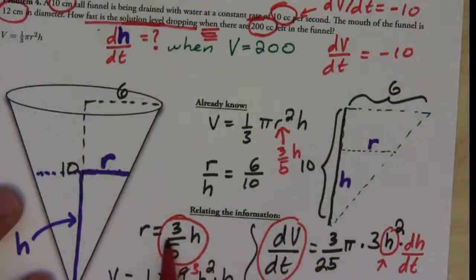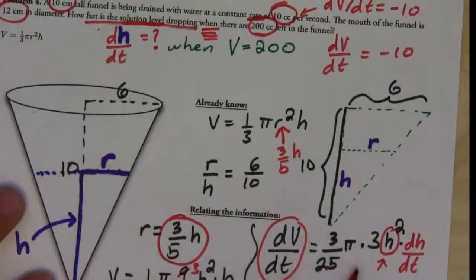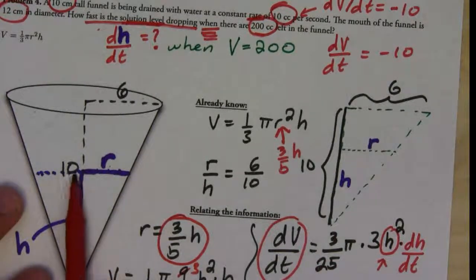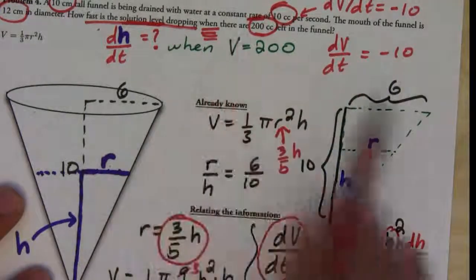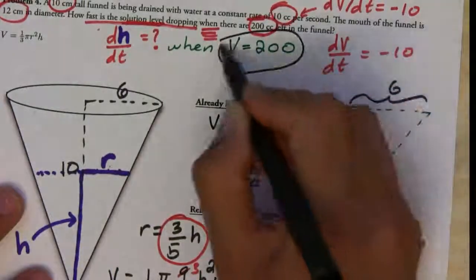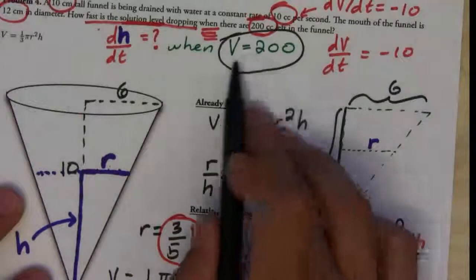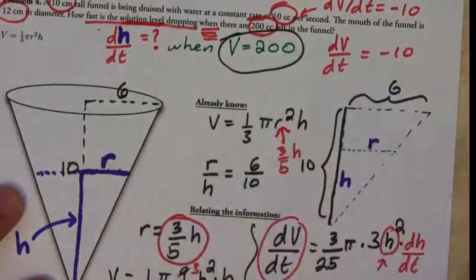Okay, so we can't use this formula because we also don't know the radius. Well, what else do we know? What haven't we used? We used the 10, we used the 6. Aha! This one, we haven't used it at all, right? The volume is equal to 200. Okay.